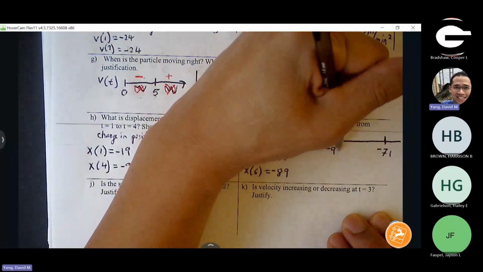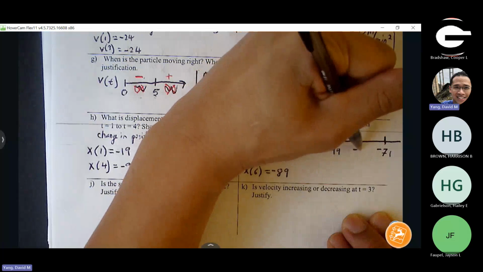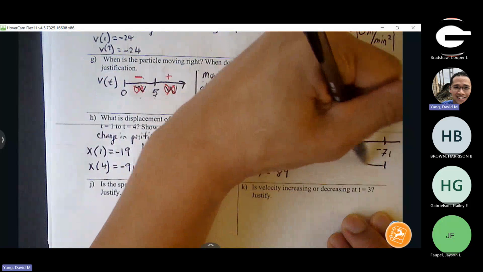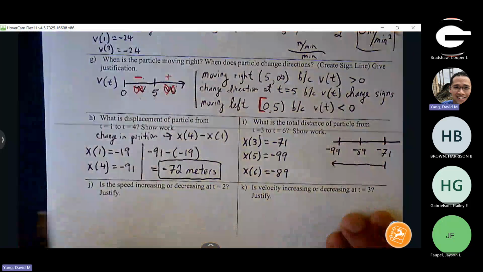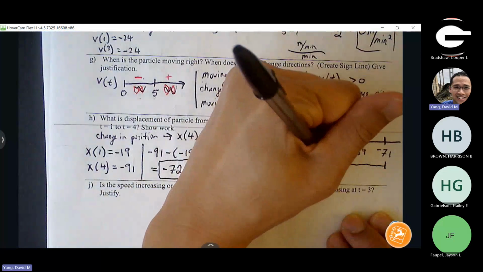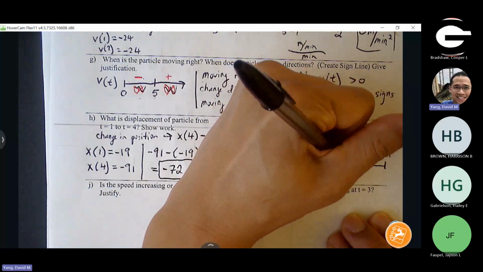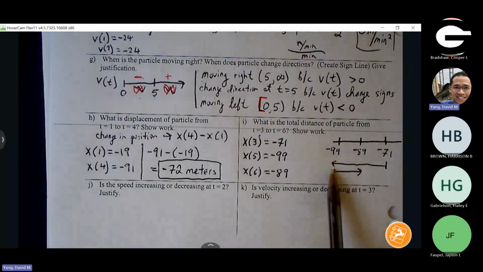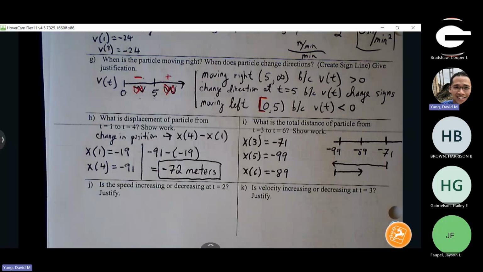Negative 99 is here. Negative 89 is here. Just put them in order. And you're walking from negative 71 to negative 99, and then you're turning around and walking from negative 99 back to negative 89. You just imagine yourself walking and counting your steps, positive steps. And at the end, you total your steps together. That's going to be your total distance.